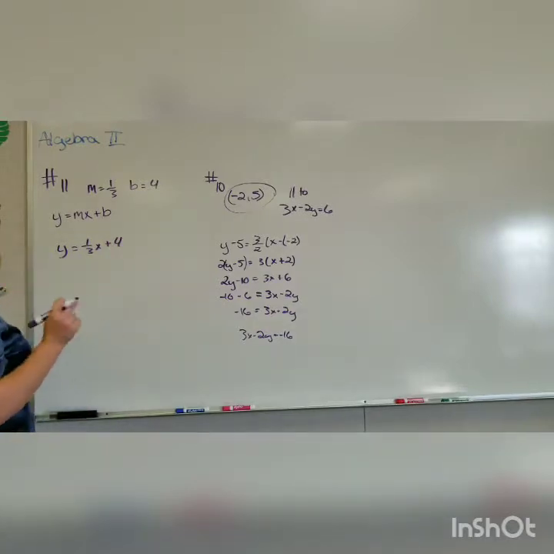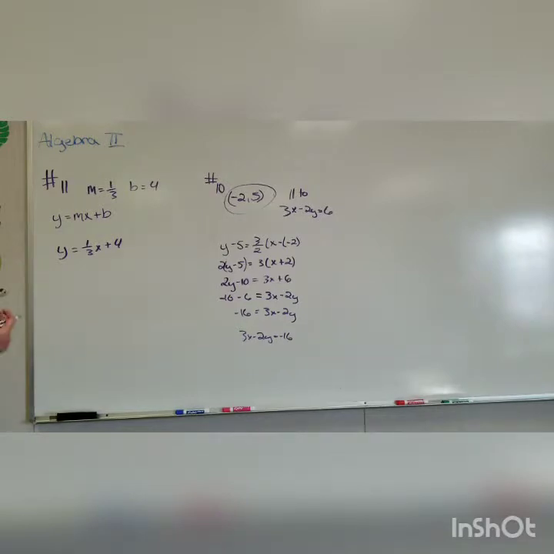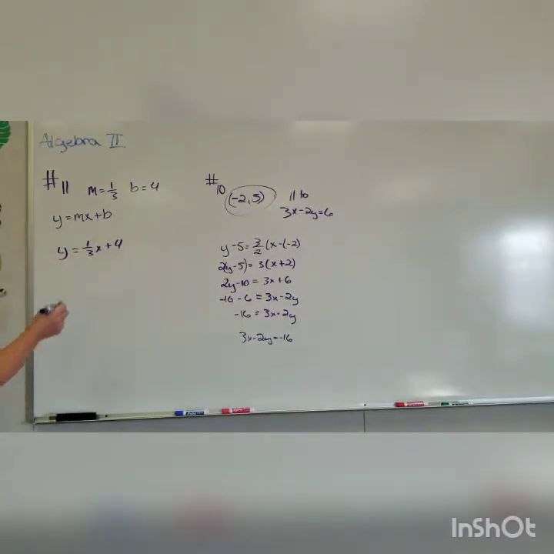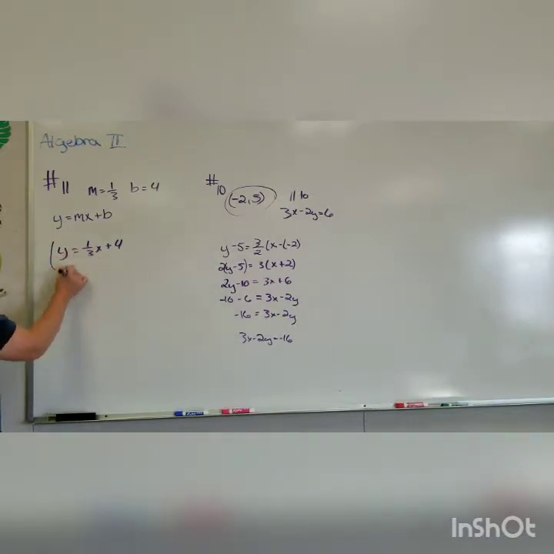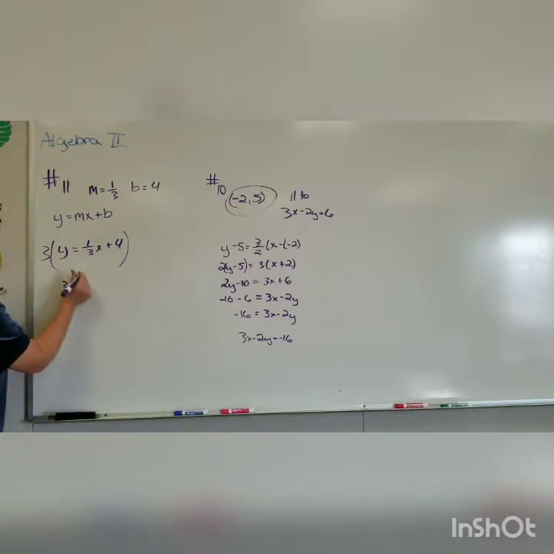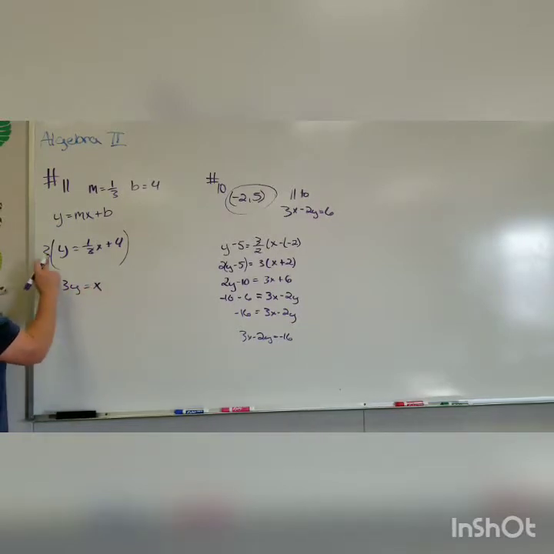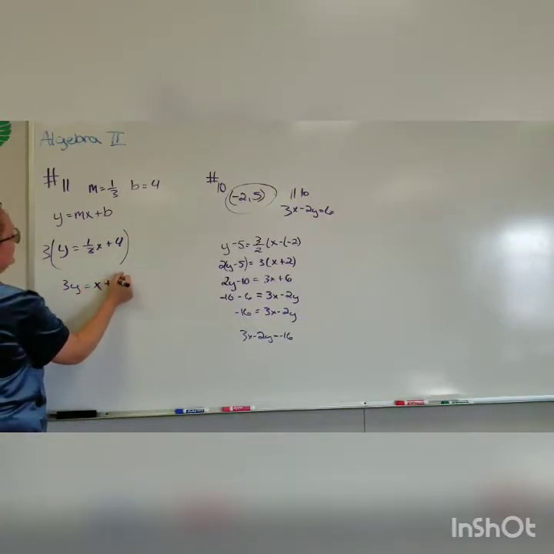But they ask you to put it into standard form. All right, so we're going to change this equation from slope-intercept to standard form. So we got to get rid of this fraction here. To get rid of the fraction, we're going to multiply the whole thing by the denominator, which is 3. 3 times y is 3y. 1/3 times 3 actually cancels, and you're just left with x. And then 3 times 4 is 12.